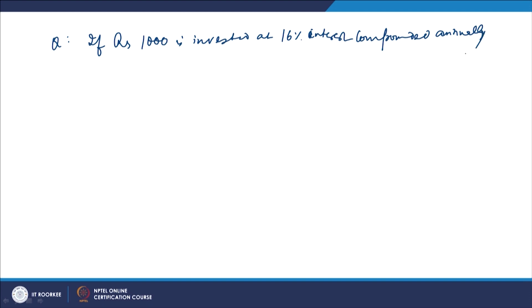What will be the compound amount at the end of the 4th year? Suppose a man has now invested rupees 1000 and he wants to know the compound amount at the end of the 4th year.